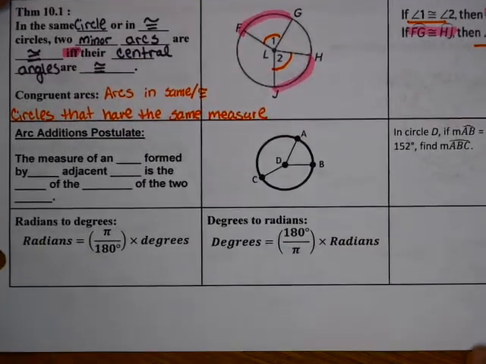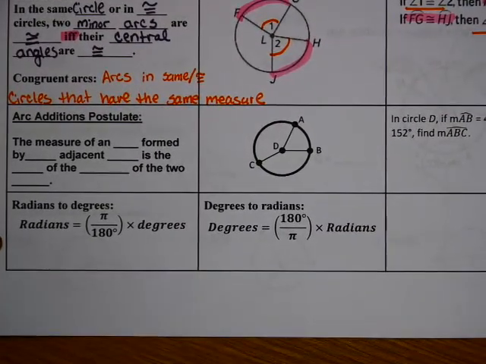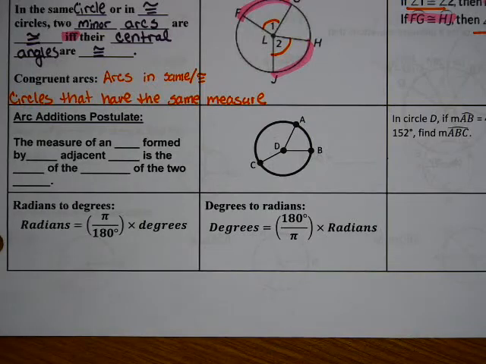Now we have a couple more things here at the bottom of the notes. We have the arc addition postulate.